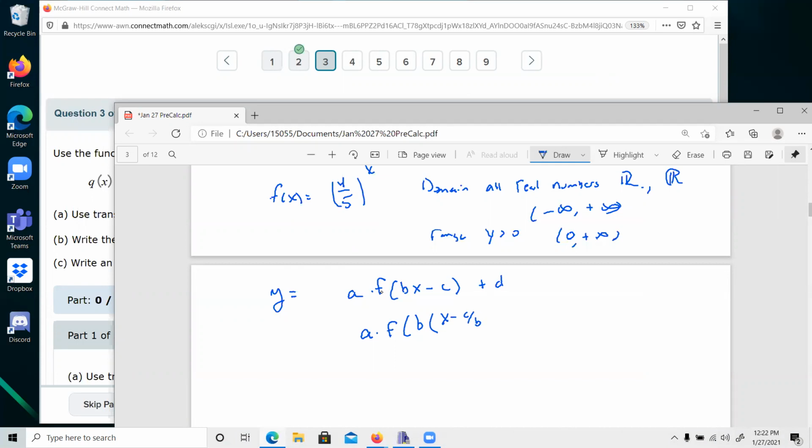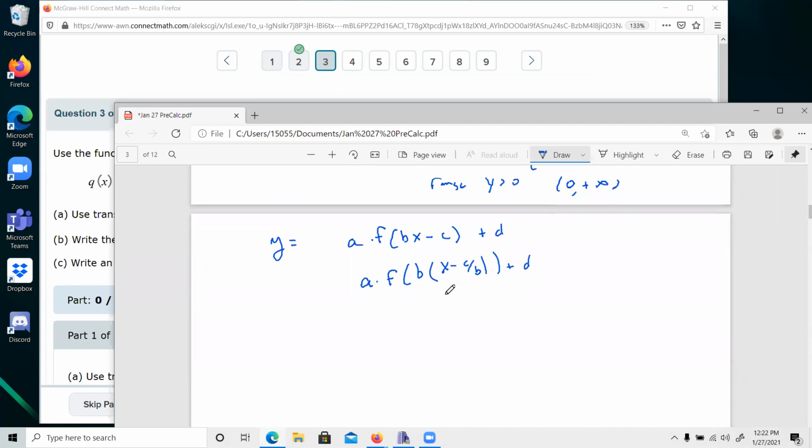Because if I factor that out, right, plus d. And do you remember what these did? Okay, so this was a stretch or compression, right, in the vertical direction. Okay, this one was a vertical shift.